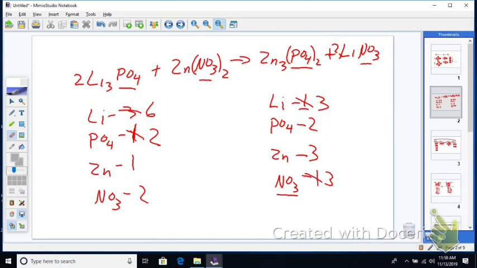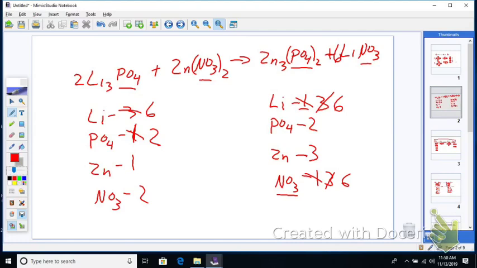So you'd make this a 6. Say, okay, I'll make that a 6 then, and that changes this to 6, and it makes this 6, right? Now, the nice thing about this, you're down to Zn and NO3, and they're all together. So I should be able to put a number in front of that that will balance out both of them.